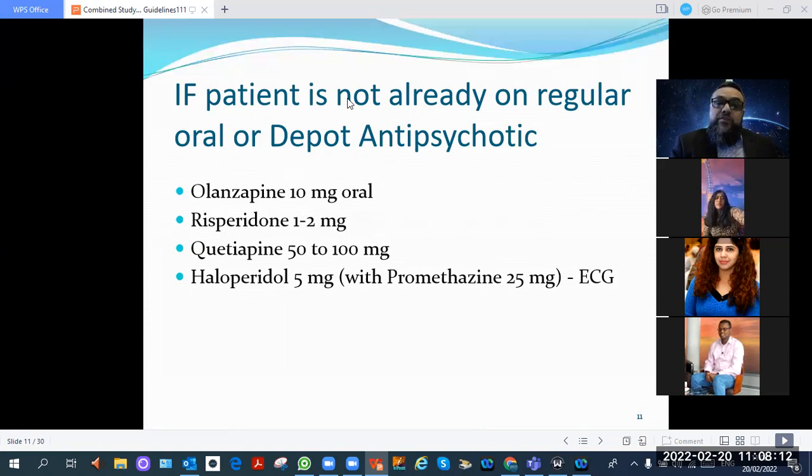So in the chat box, hi Dr. Kamran, is there an alternative medication if my facility has no flumazenil? I am not aware of any other medication other than flumazenil, so I won't be able to comment on that.